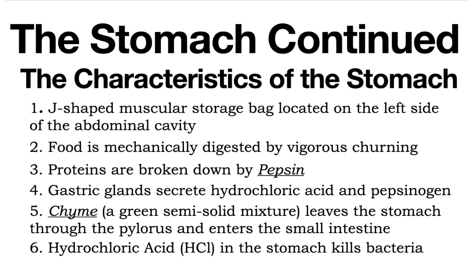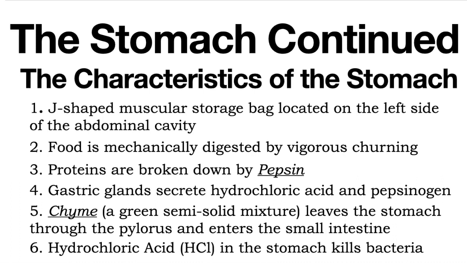The stomach's job is to break down protein, and that's going to be caused by a secretion of the enzyme pepsin. So pepsin is going to break down proteins. The stomach is also going to secrete hydrochloric acid, HCl, and pepsinogen to help break down food, specifically the protein.